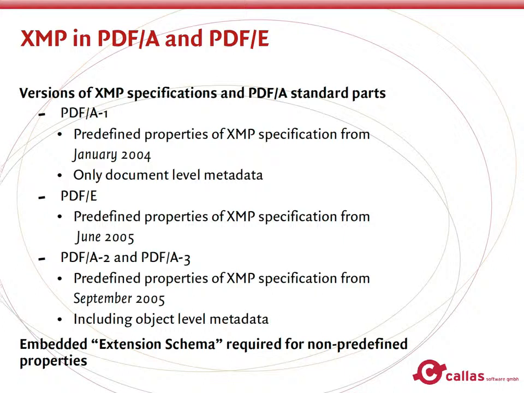PDF/E, which came slightly later, just said with regards to the XMP that all requirements of PDF/A are also valid in PDF/E. However, in PDF/E a newer specification of XMP was referred to, and that was the one of June 2005, and I have some examples later on why that is important.